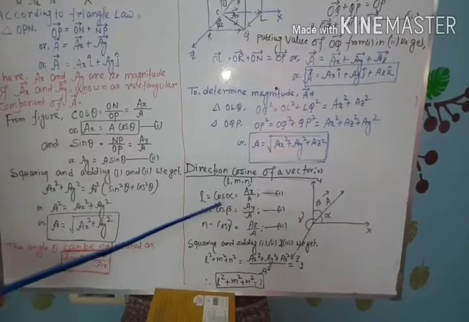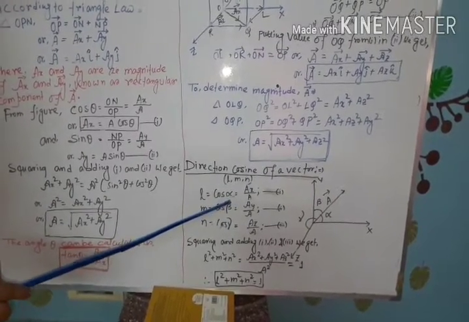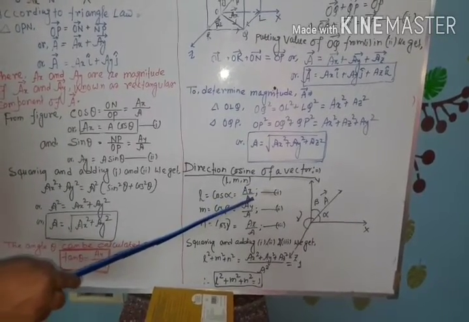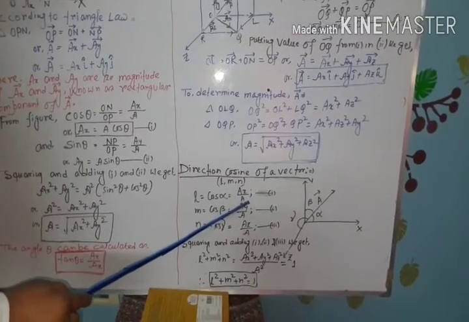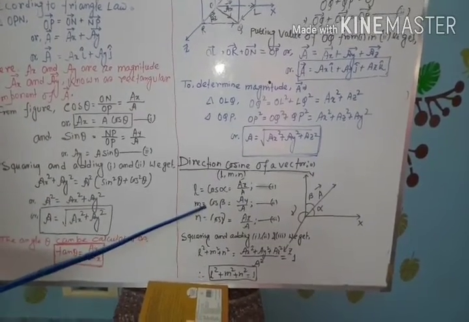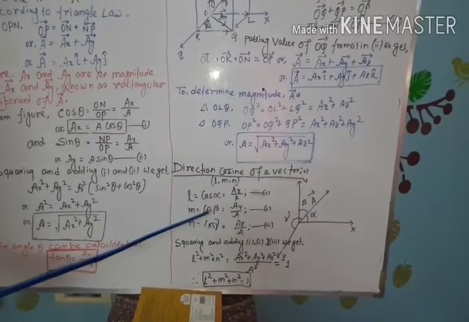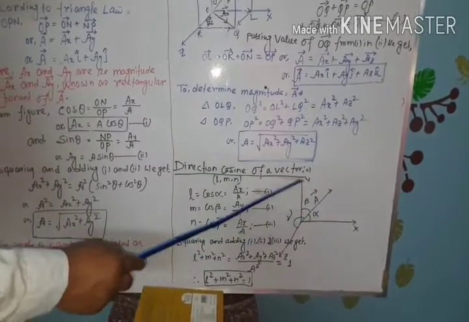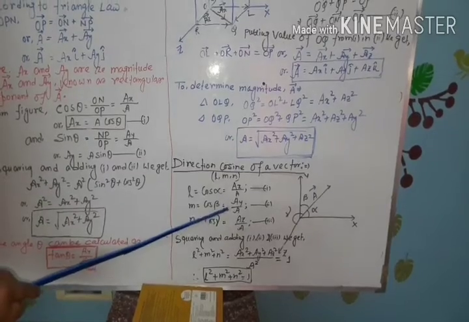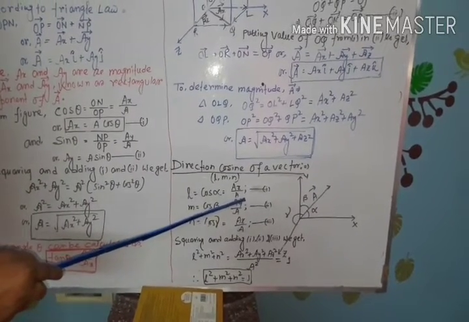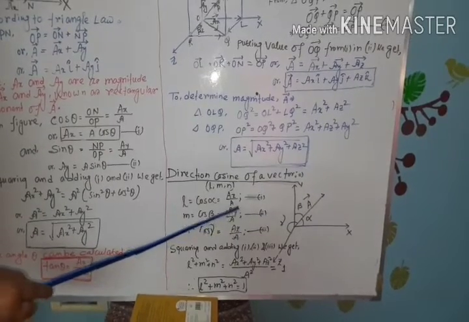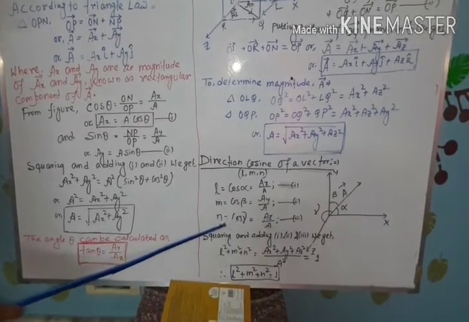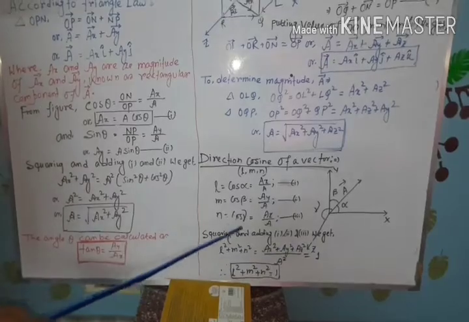Clear? Now just remember that cos alpha is equal to the x component of the given vector by the magnitude of the given vector, that is AX by A. Similarly m, which is the direction cosine along the y-axis, that is cos beta. What is beta? The angle made by the given vector with the y-axis. So cos beta is equal to AY by A. And similarly n, which is the direction cosine along the z-axis, that is cos gamma.